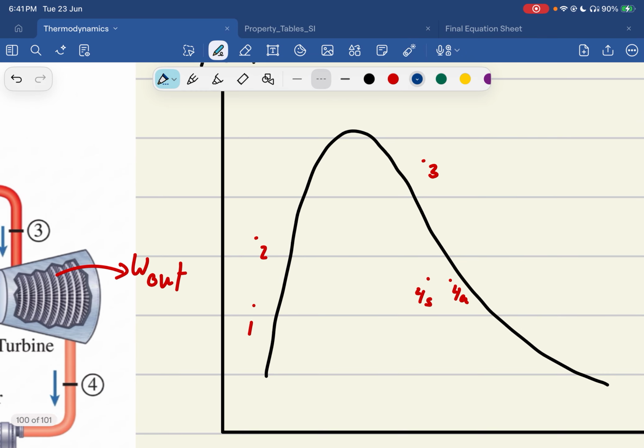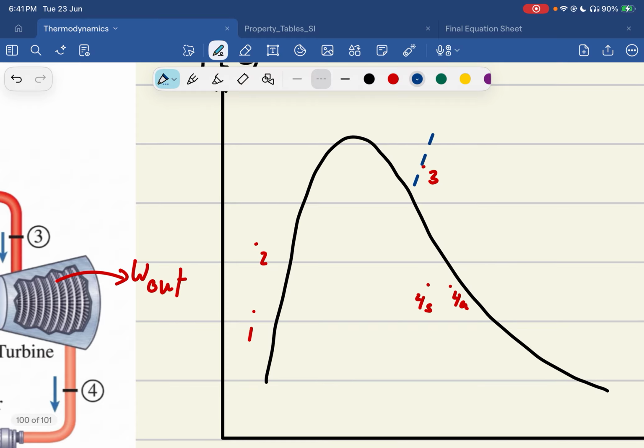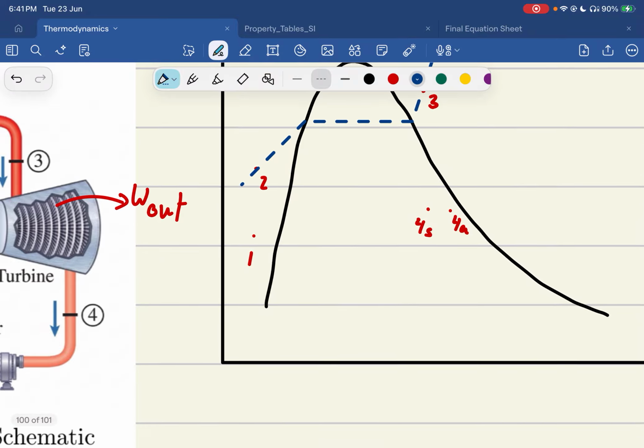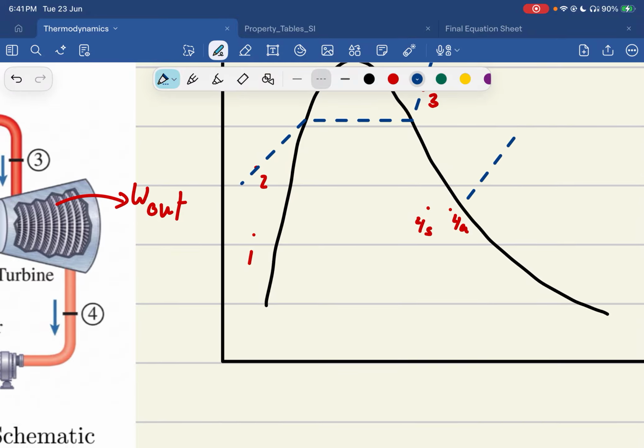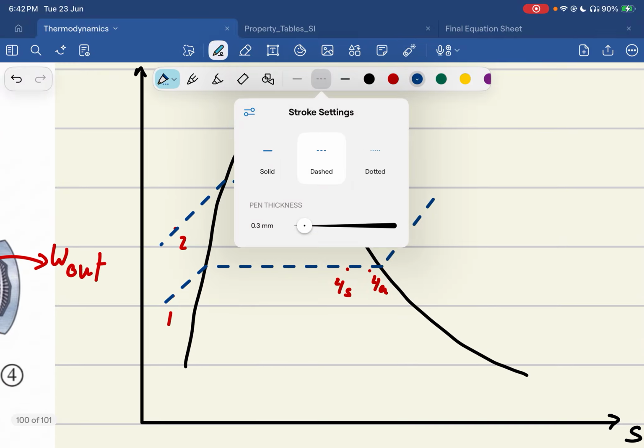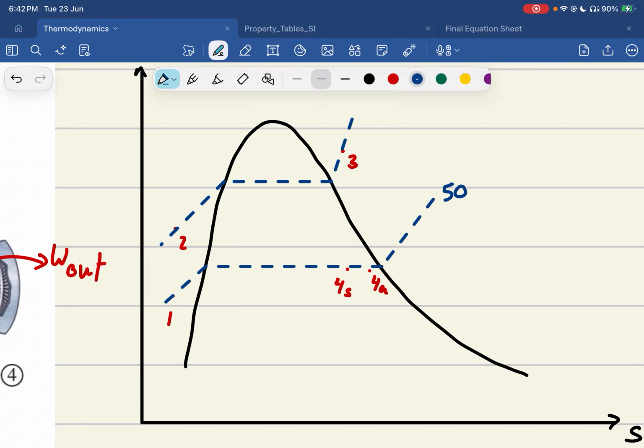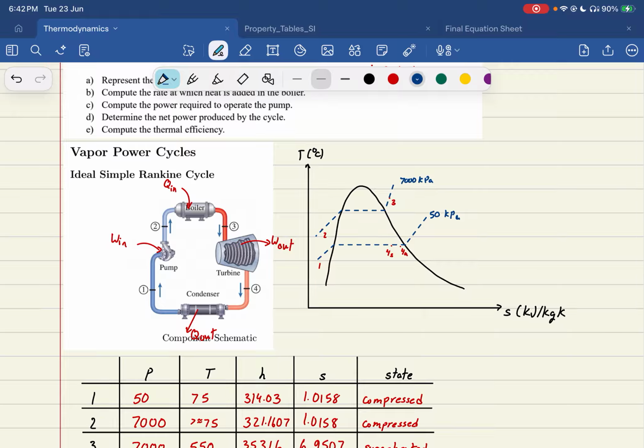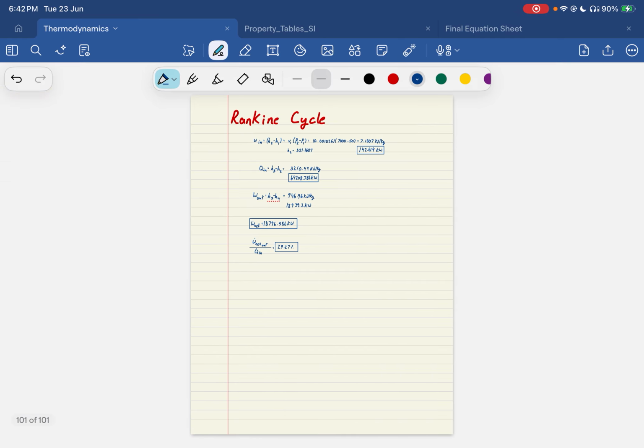And draw your isobars. Here's the first one, and then here is your other one. These are at 50 and these are 7,000 kPa. Okay, and that's all for this question.